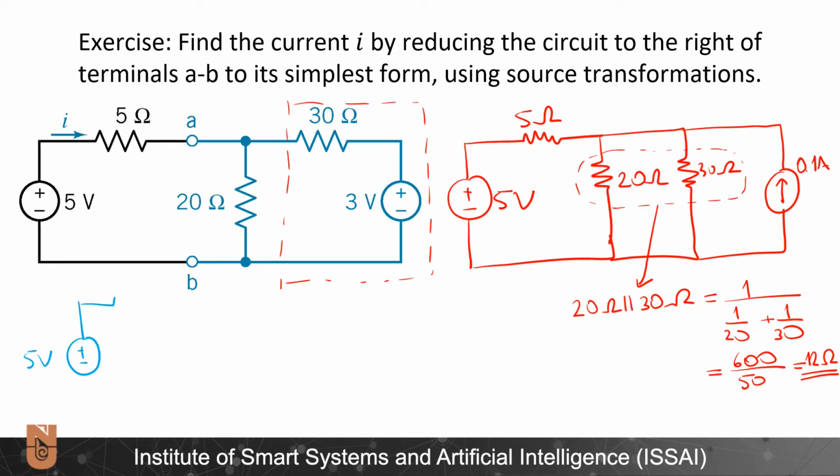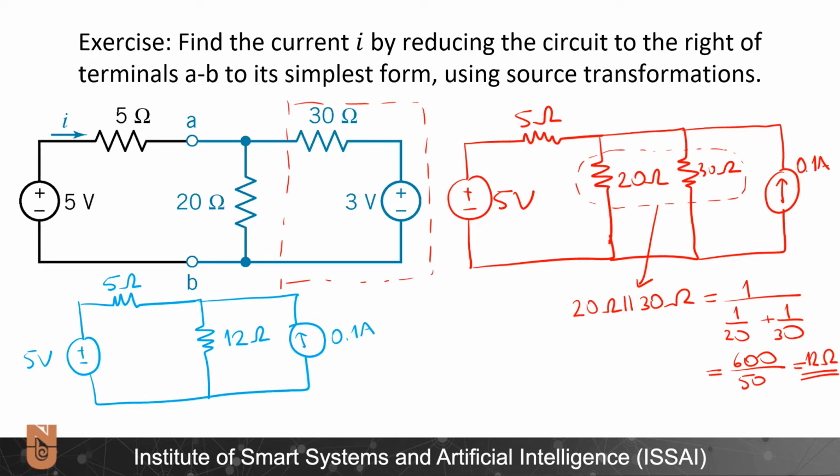Here I have 5 volts, 5 ohms, this 12 ohm resistor, and here I have 0.1 amperes. So I will again create a source transformation for this part of the circuit.